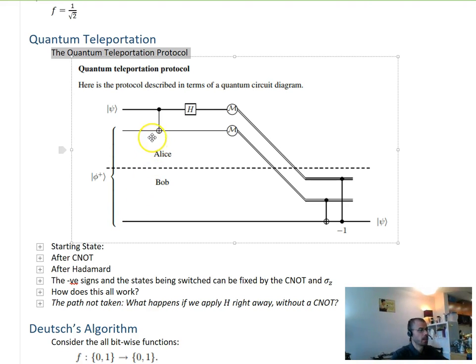Okay? And then what we're going to do is a NOT here. So if psi is 1, then we'll do a NOT on this version of phi. So now this version will be different than that version. And then we'll do a Hadamard on that, and then we measure them both, so it collapses to one of the possible states up here.